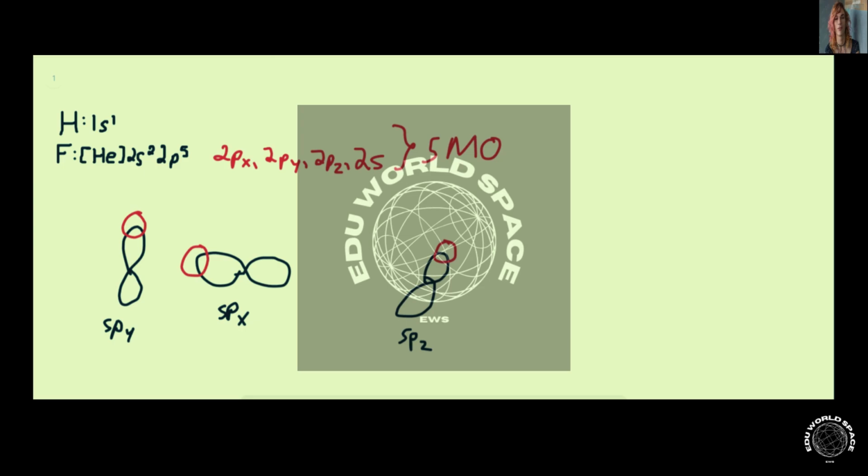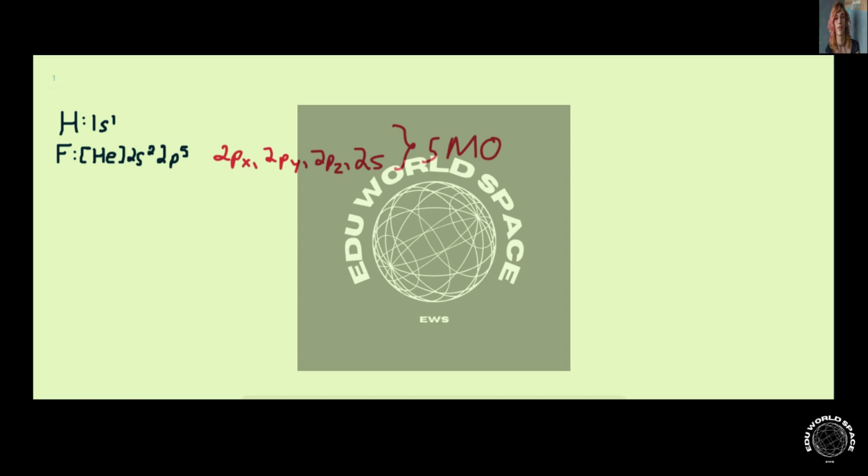Now, they want to know which of the p orbitals will actually make a bond with our 1s orbital, assuming that the atoms lie on the z-axis. So let me draw an xyz axis.